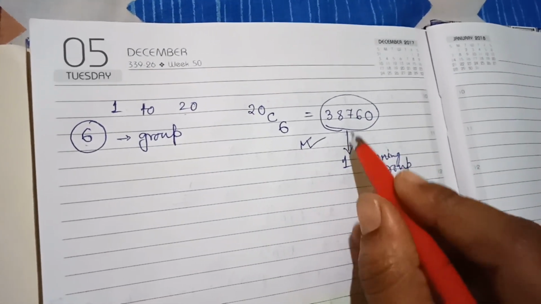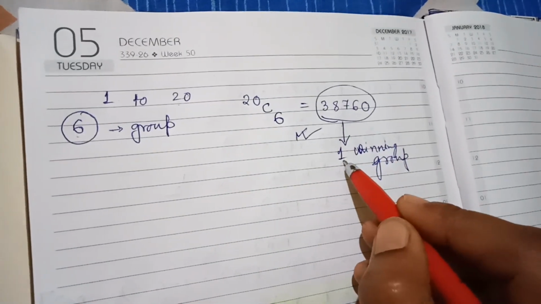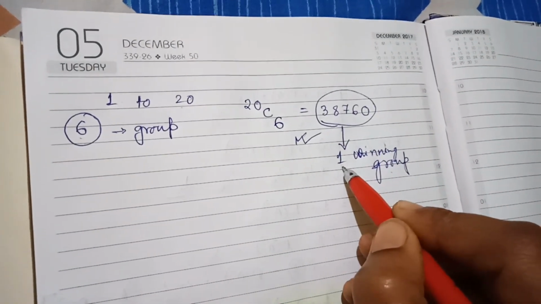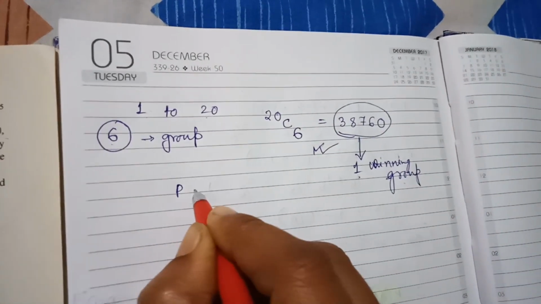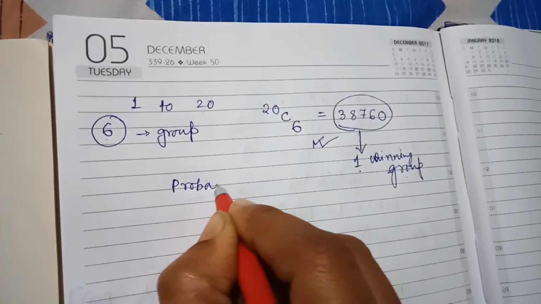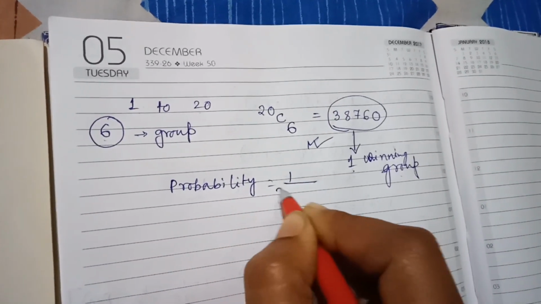So from 38,760, 1 is the winning group and we need to find it out. So what will be its probability? Its probability will be 1 by 38,760.